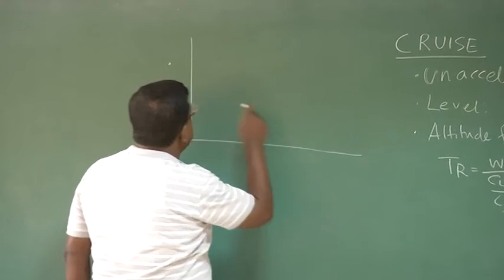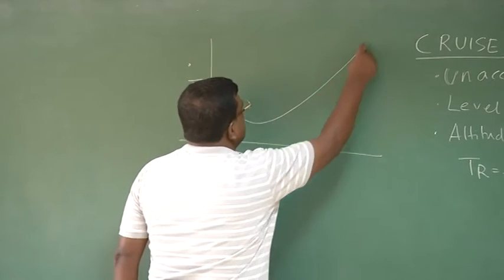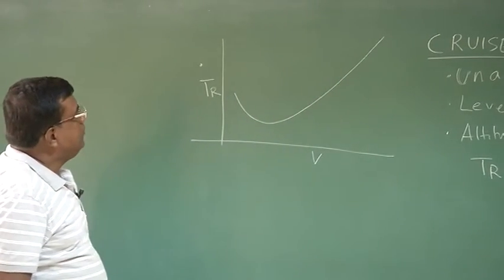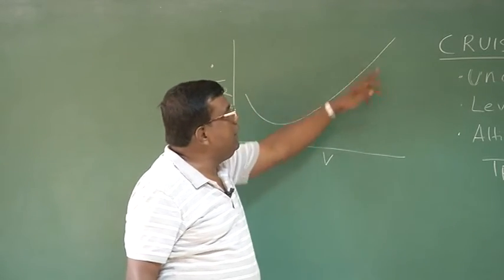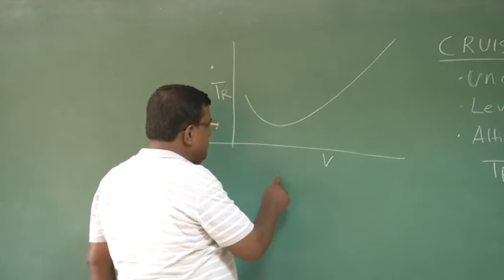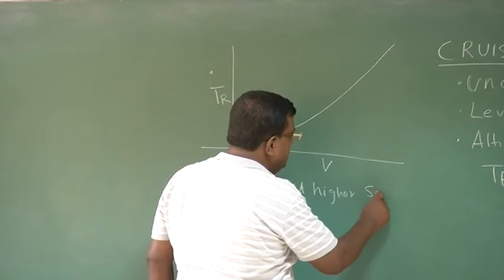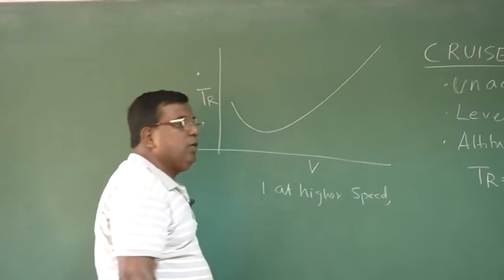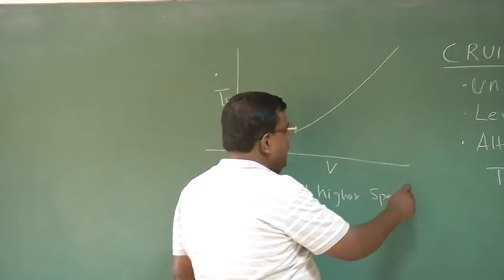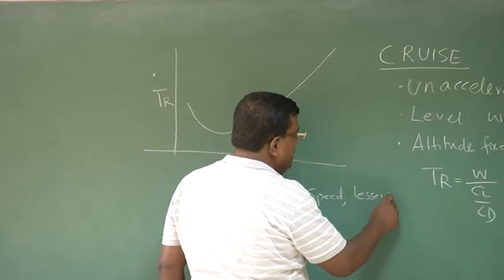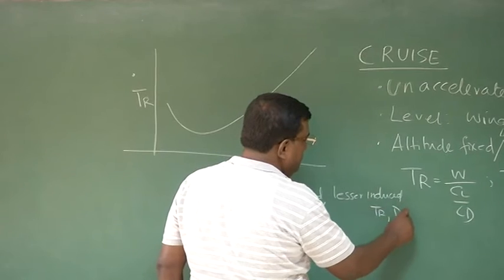Then we tried to understand how I can plot the variation of thrust required versus speed, and we realized that thrust required will follow this trend, and we also understood that at higher speed, since the CL required for maintaining lift equal to weight is less, it will have lesser induced thrust required or drag, which are the same.